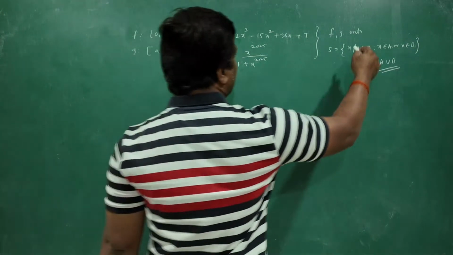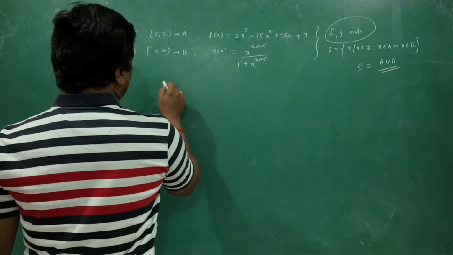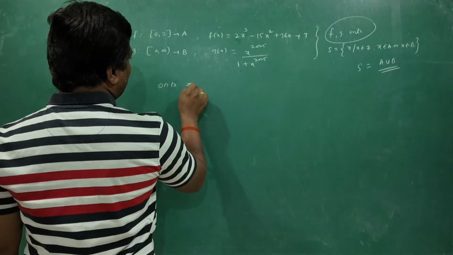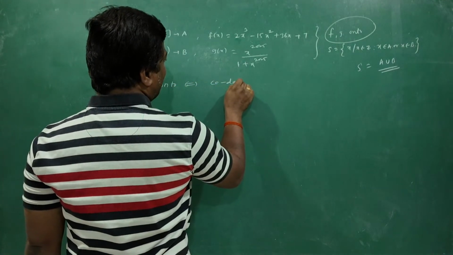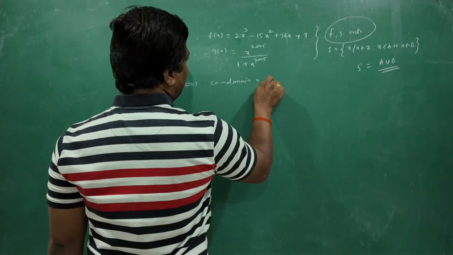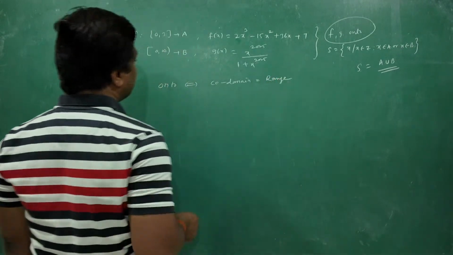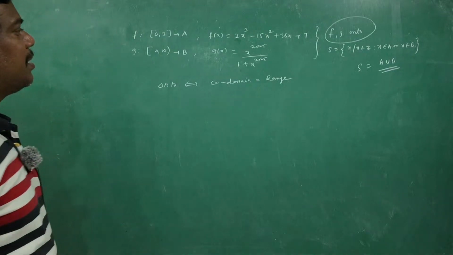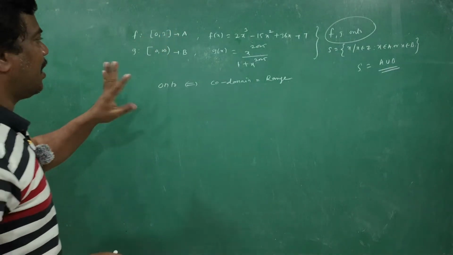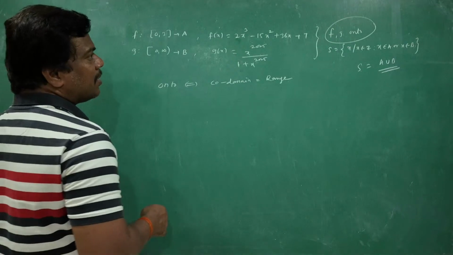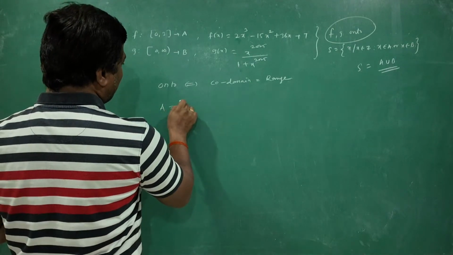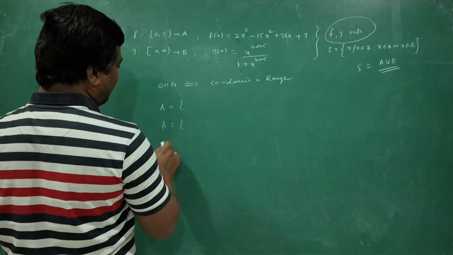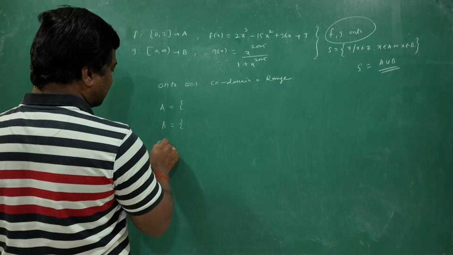Why? Because f and g are onto, as given. A function is onto if and only if codomain equals range. The range of the function f is A, the range of function g is B. So first I am going to write A and then we go for B. After that their union is S.